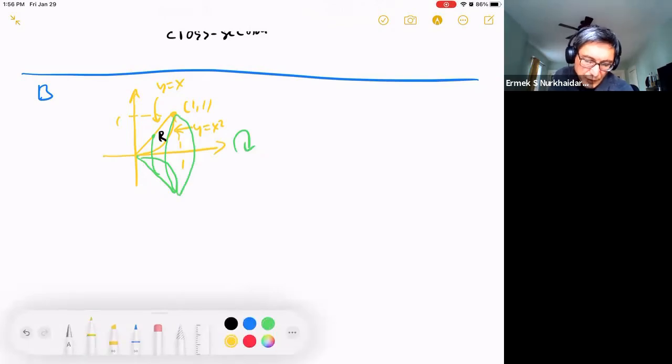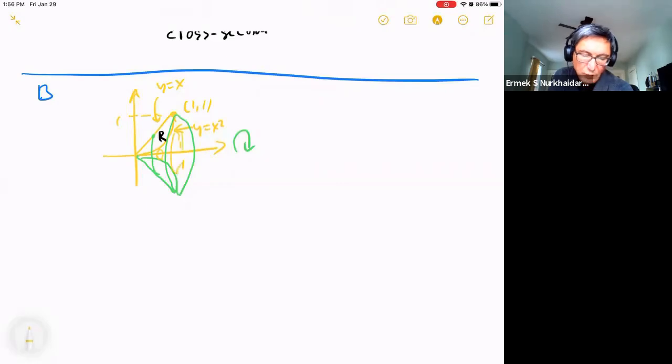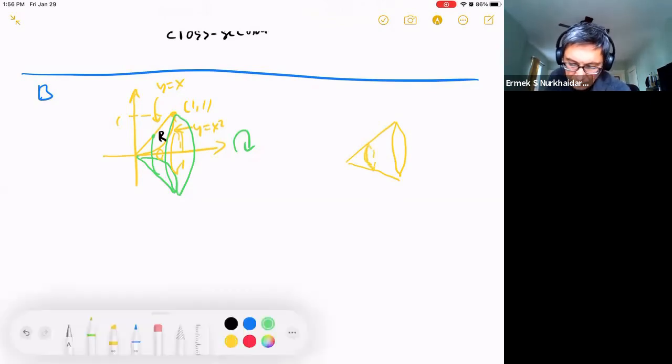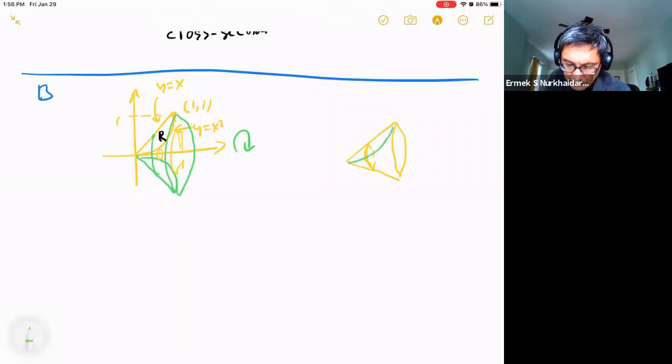But for this object, we're also going to see that inside of it is going to be a hole. So our object, I'll draw it one more time. Looks like this. And inside of the object, we have that hole. So hopefully you can see it.